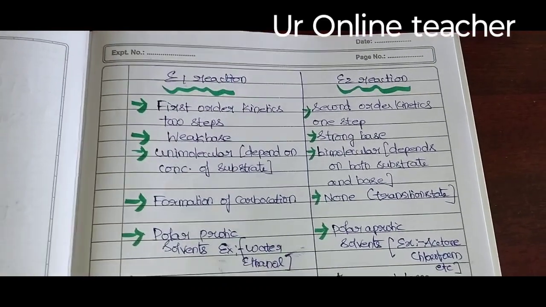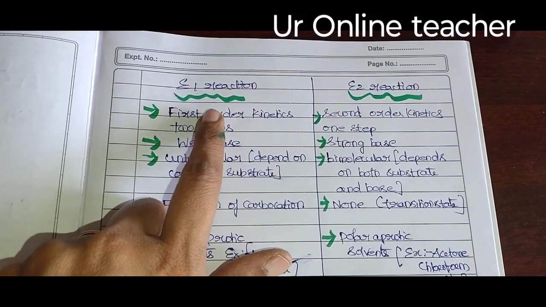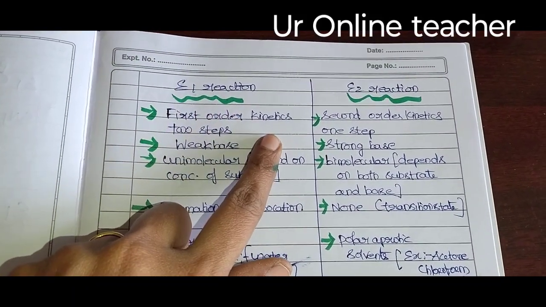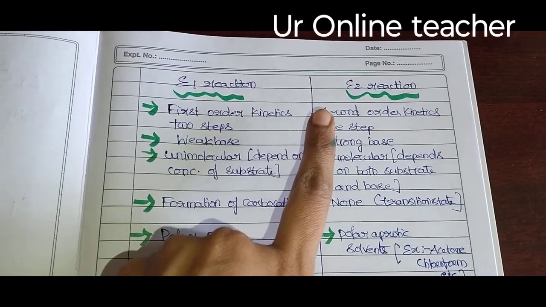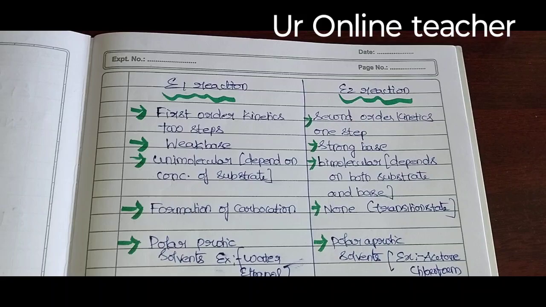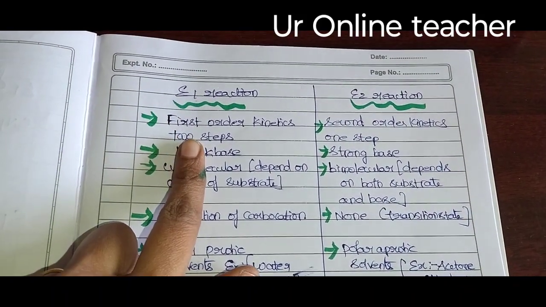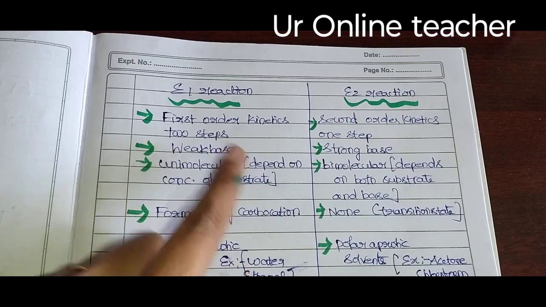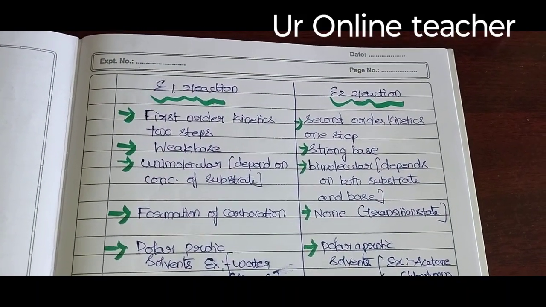E1 reactions follow first order kinetics, and E2 reactions follow second order kinetics. E1 reactions take place in 2 steps, as we have seen, and E2 reactions take place in only 1 step.